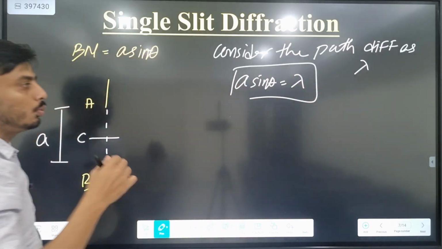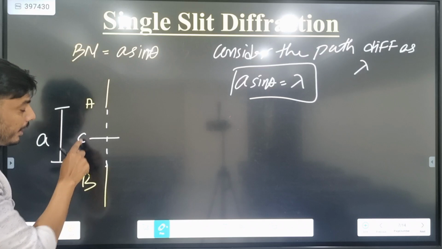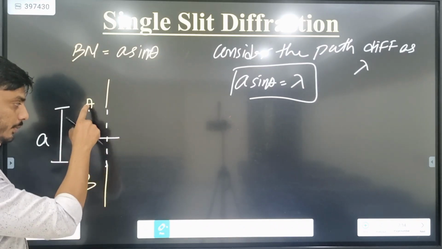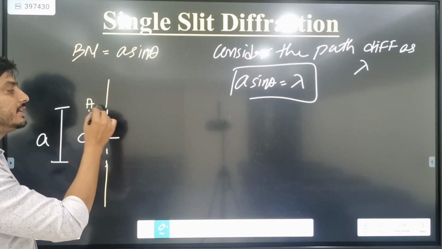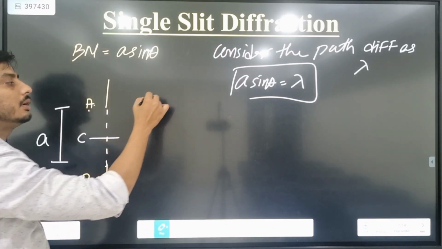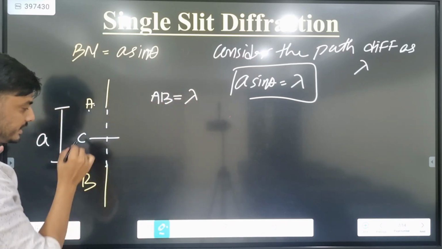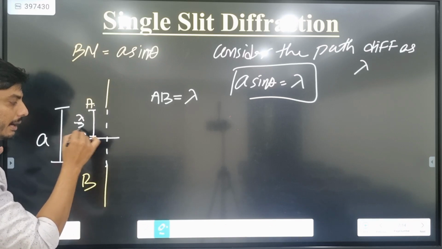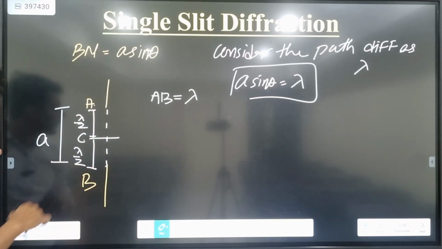We assume the path difference is lambda. If we divide AB equally, from the midpoint C, the path difference between A and C will be lambda by 2. Similarly, C and B will be lambda by 2.